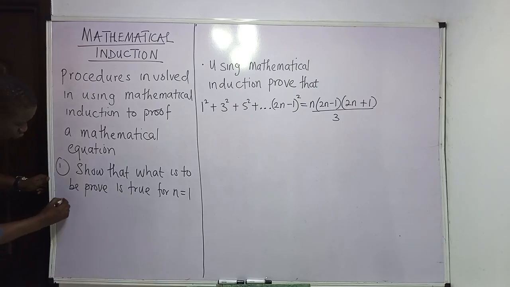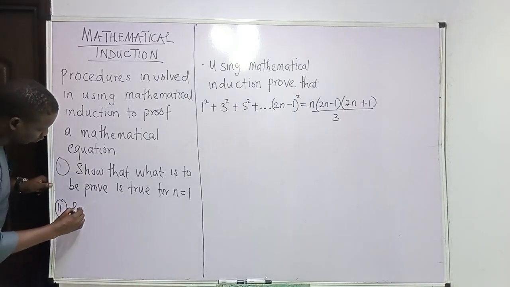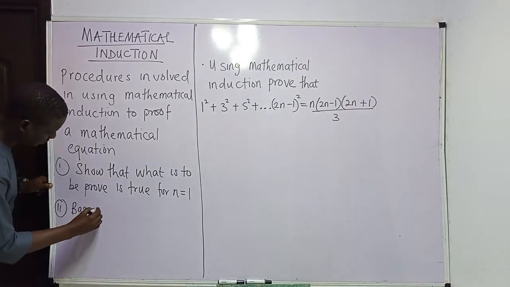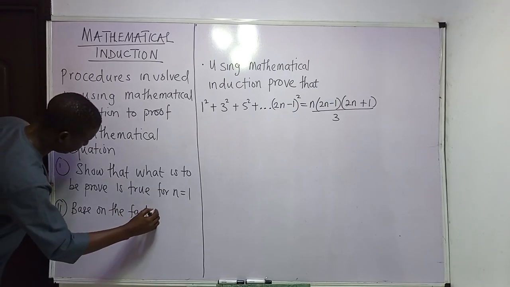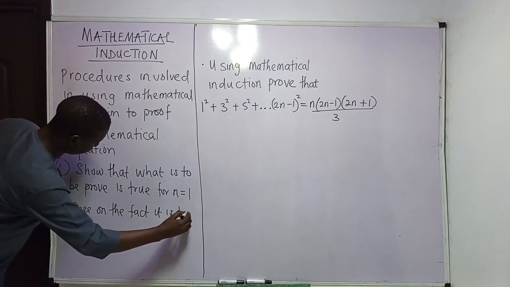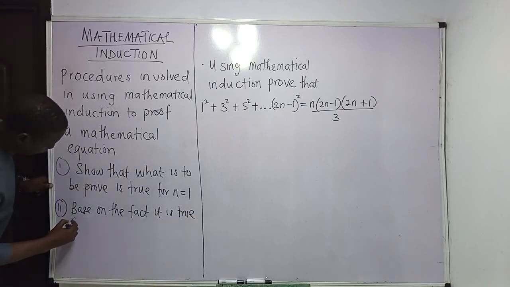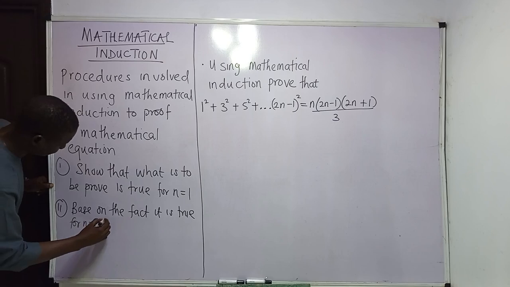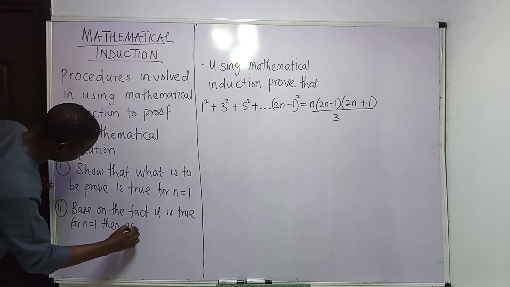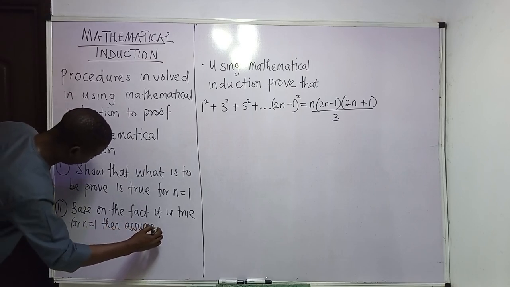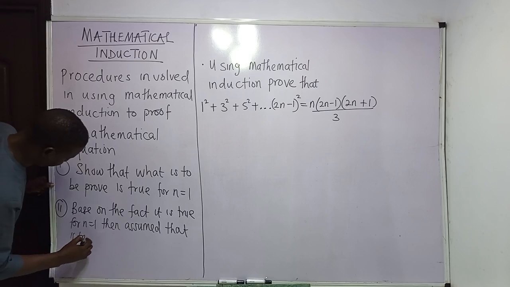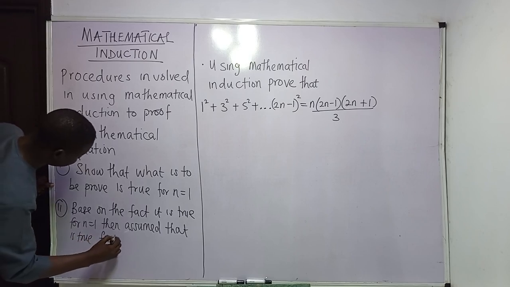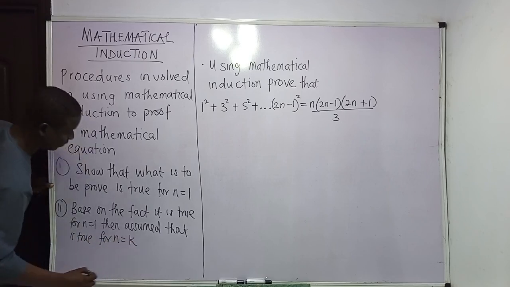Now, step number two is that, based on the fact that it is true for n equal to 1, we then assume that it is true for n equals k.